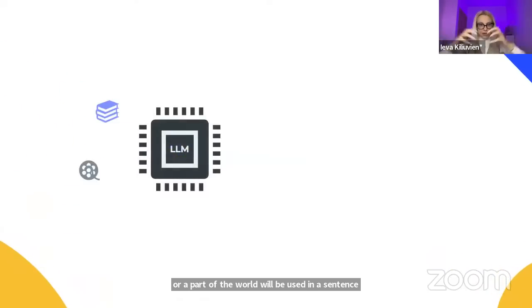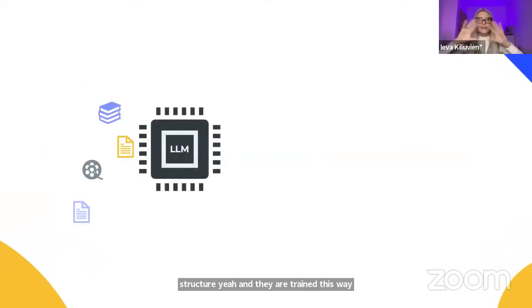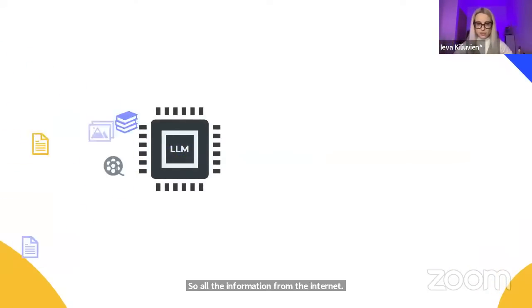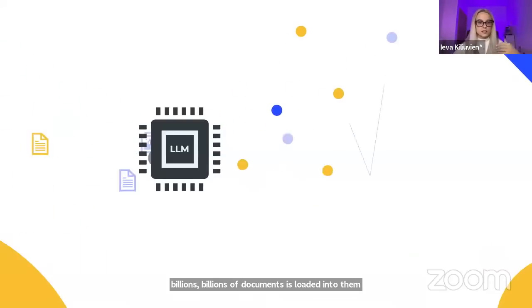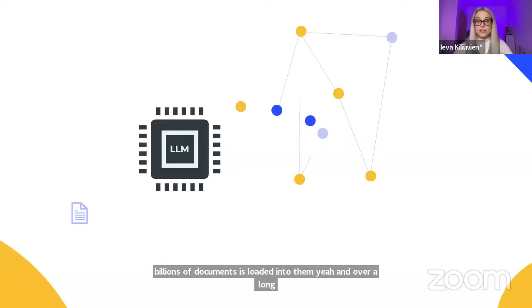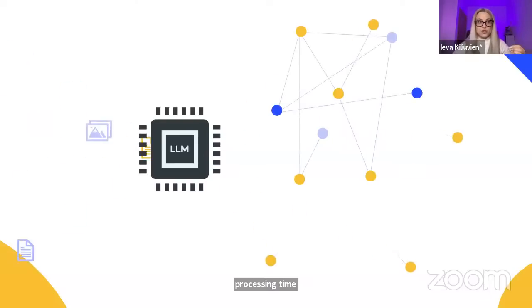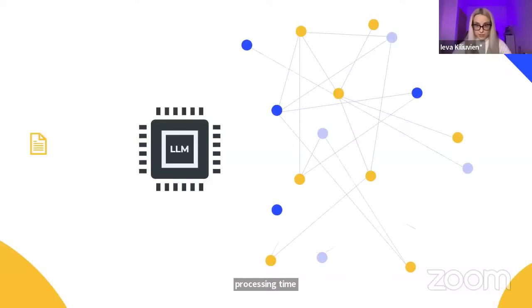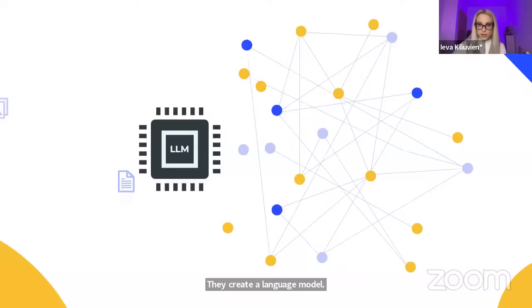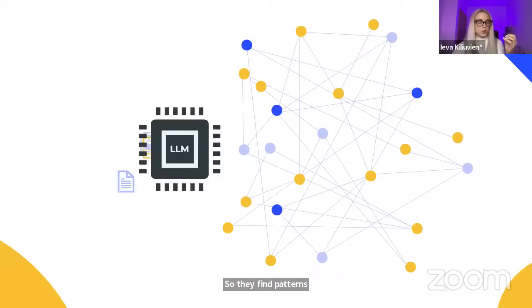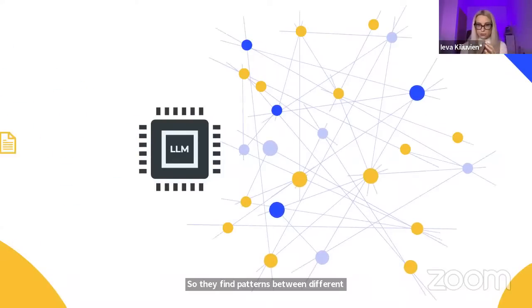So all the information from the internet, billions of documents, is loaded into them. And over a long processing time, they create a language model. They find patterns between different words, which words are closely related.